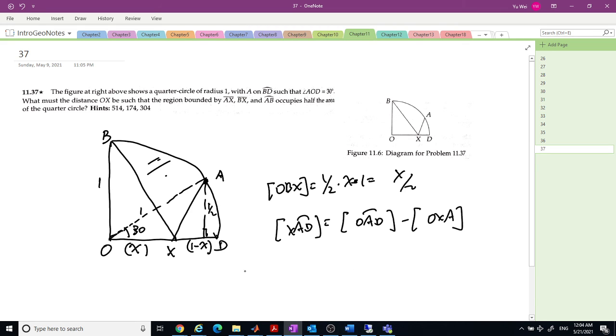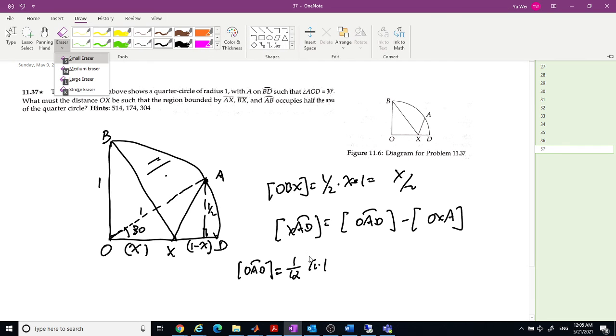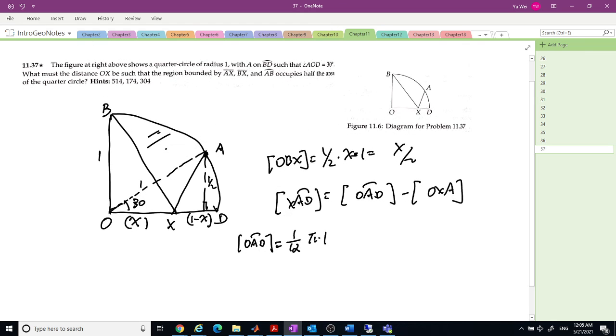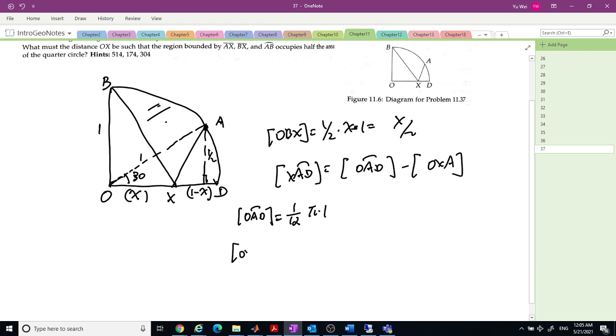Then we can see the OAD arc is 1/12 of the circle, which is pi times 1 squared over 12. Okay, then let's solve the OXA, which is 1/2 of x times 1/2, so x over 4, right?